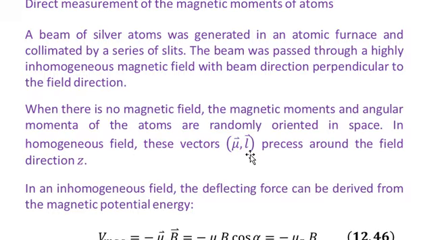But in this experiment, we are talking about an inhomogeneous magnetic field, through which we are passing a collimated beam of silver atoms.